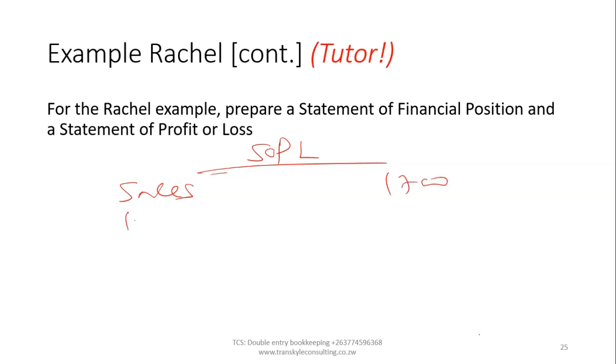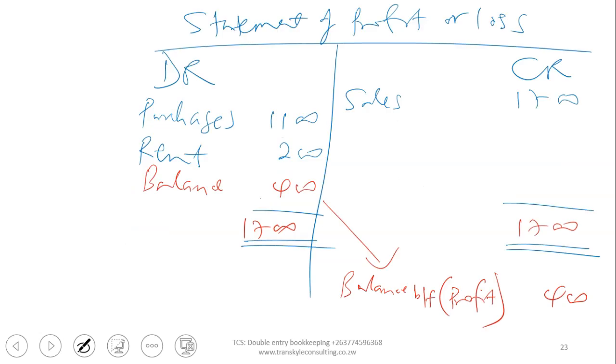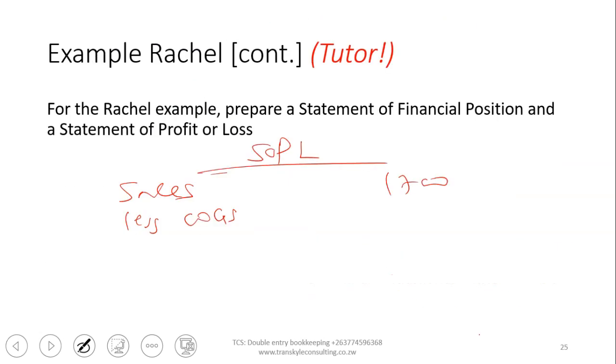And then less cost of goods sold. We are only told of the purchases in this case, and the purchases figure was 1,100. Then we get what is called gross profit.